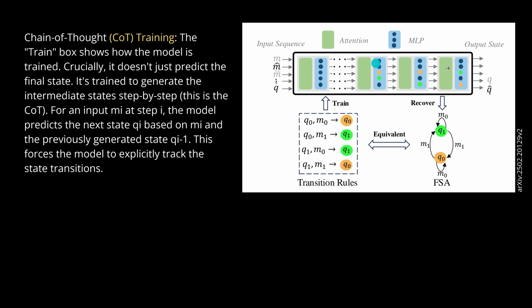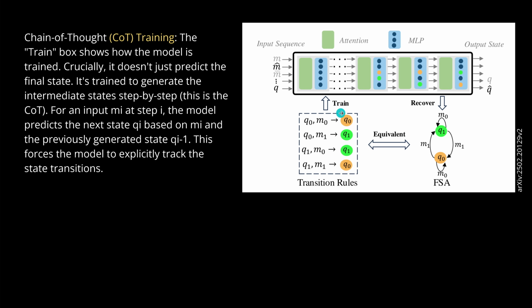And they give us this beautiful visualization, and they say, look, we have the transition rules that I just showed you, and we have the 2 states, Q0 and Q1, of the system, and the different inputs, M1 to whatever, and we have a normal transformer architecture where we have our self-attention and our multi-layer perceptron in multiple layers, and then the output is simply a state Q hat, for example.